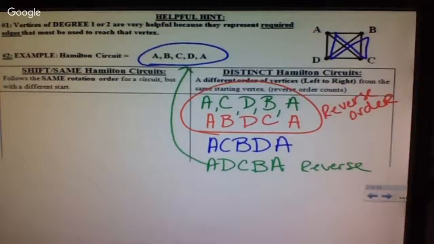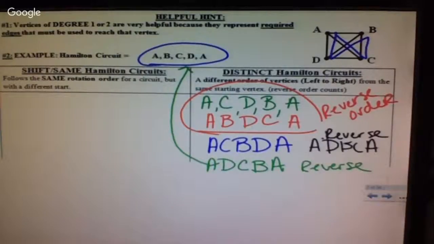A, D, B, C, A. This is reverse order. A, D, B, C, A. And these two are reverse. Whoops. I can spell today. Goodness gracious. Okay. So, reverse order is also distinct. There are 6 distinct circuits in this picture.